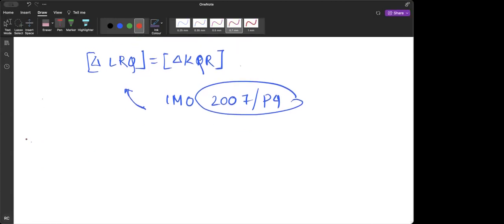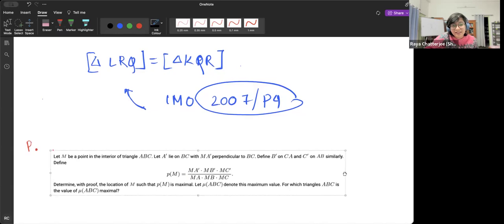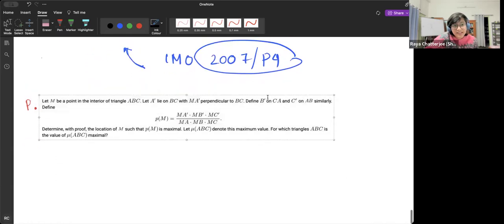Trust me, this problem is super interesting, super entertaining. There's no diagram to draw. I'm going to give you 5 minutes to think about it, and I'll say the solution after that. So take your time.